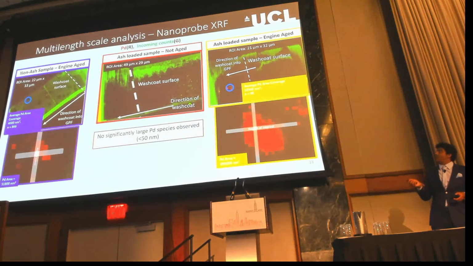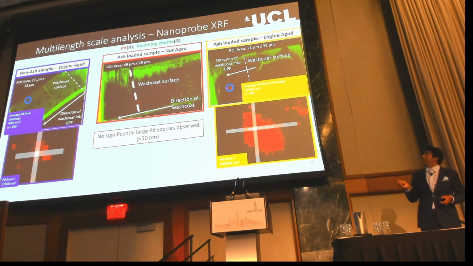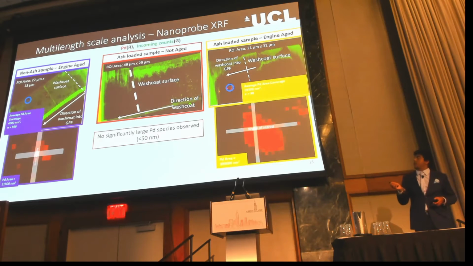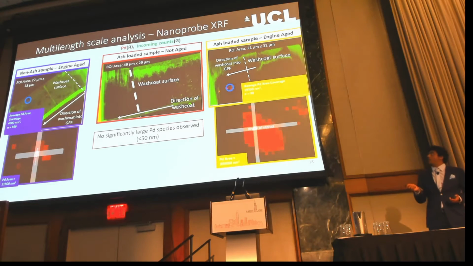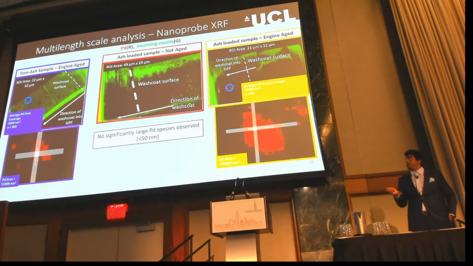So now there are going to be RGB maps showing XRF mapping here. Palladium here is in red, calcium is in green. The one in the middle you see nothing, so that signifies to us that pre-ash deposition onto the GPF hasn't caused any palladium particle growth.